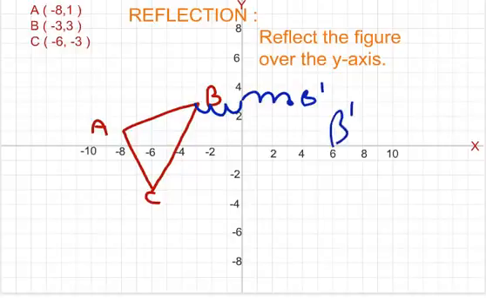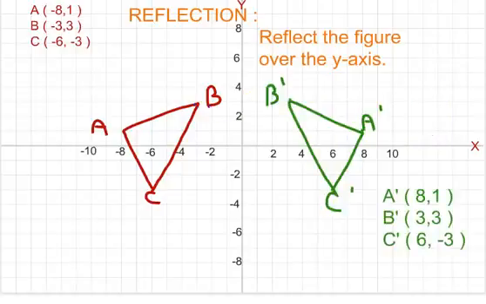So now my new coordinates would be B prime (3, 3). The whole triangle is going to move here. So as you can see, I could fold my coordinate plane in two.